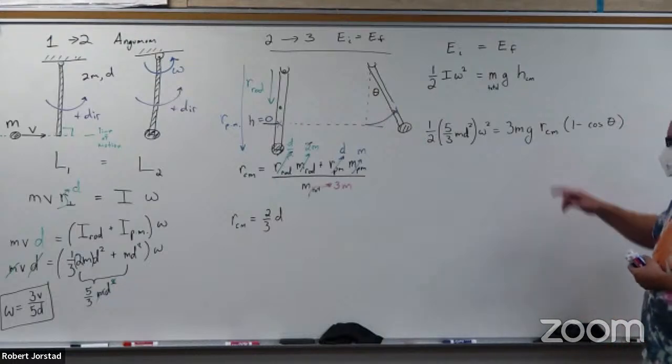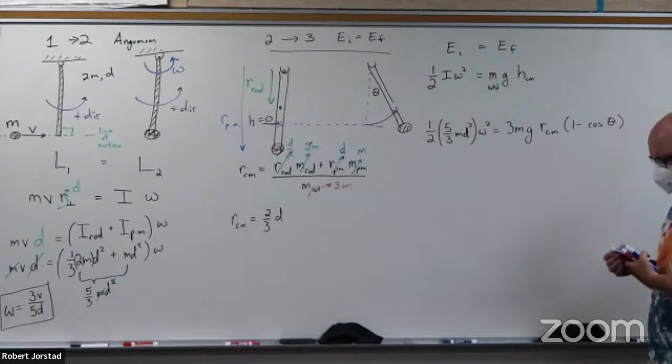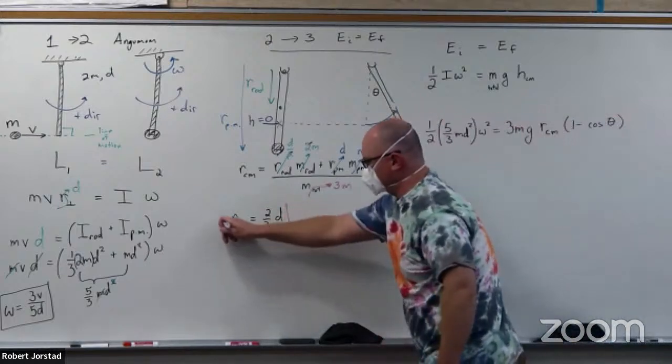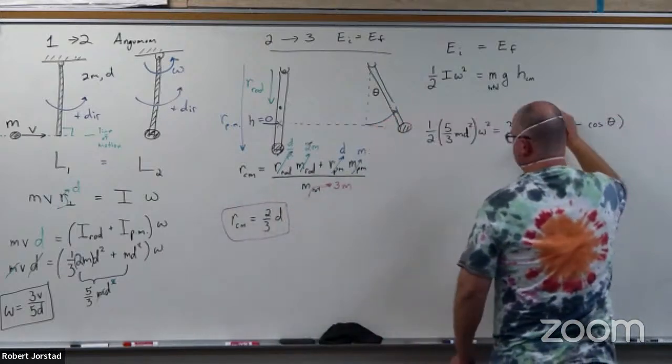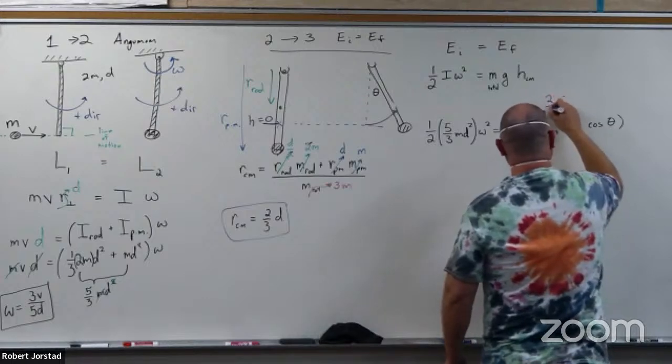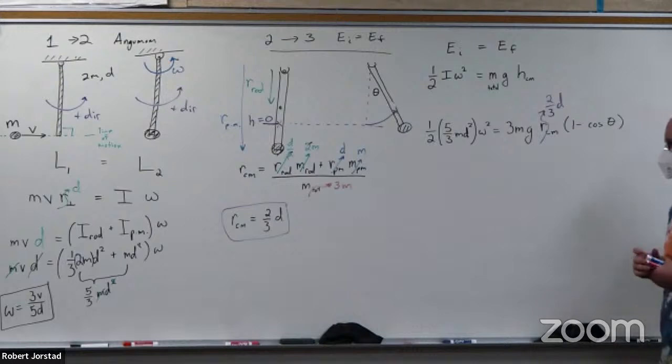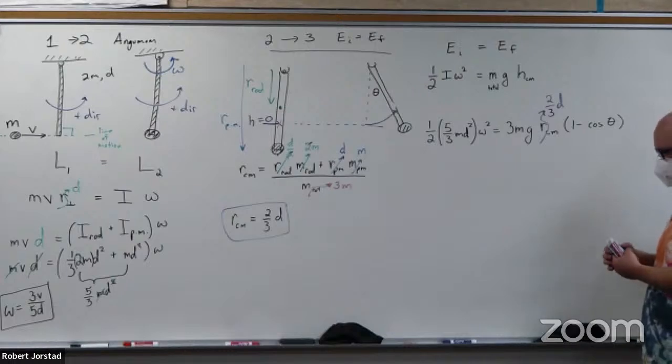What's the radius of the center of mass? Oh, we have it right there. See it? Sorry, I forgot we did that already. All right. Let's clean some stuff up and cancel it. Does the mass drop?